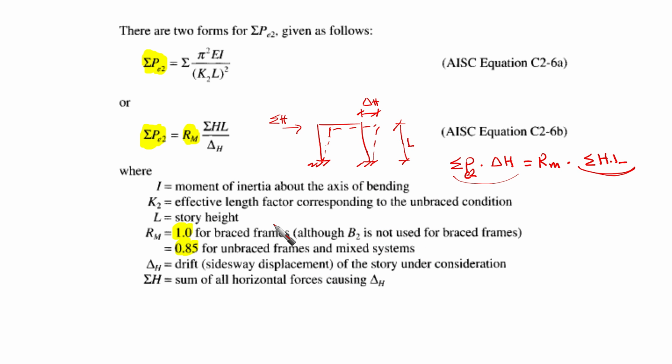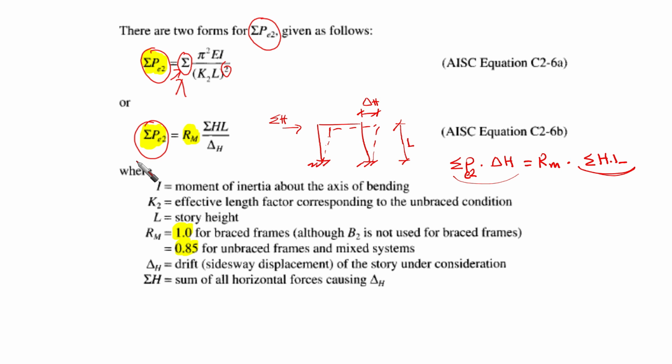Okay. There are two forms of the Euler load given. When we are going to calculate the Euler load in the denominator, we have two forms. One form is related to the summation of pi squared EI over (K2L) to the power 2, which is the most common and traditional equation of Euler load, but the summation is here.